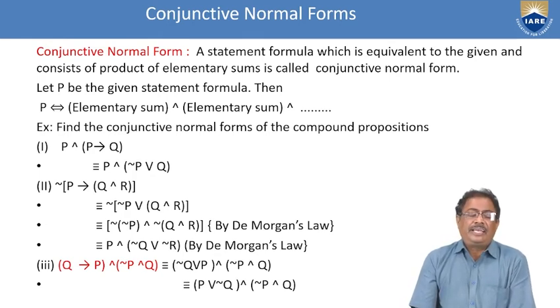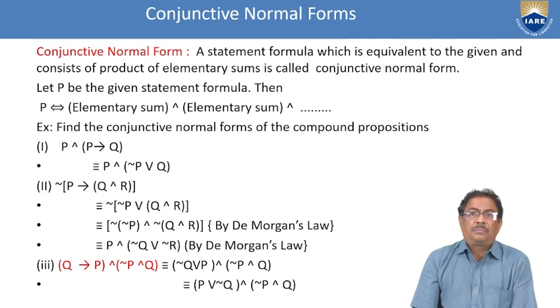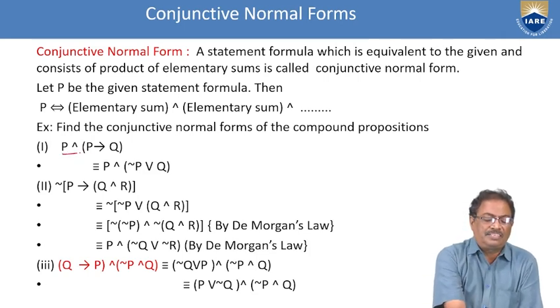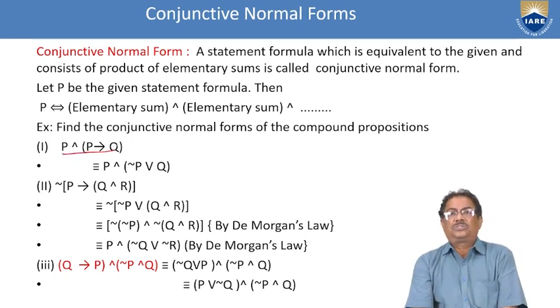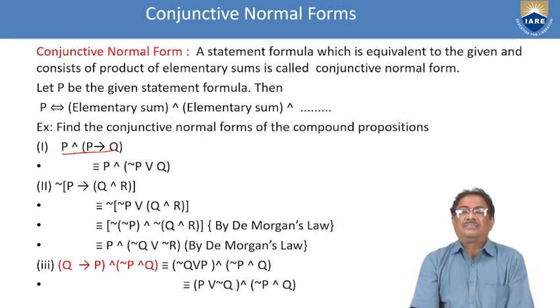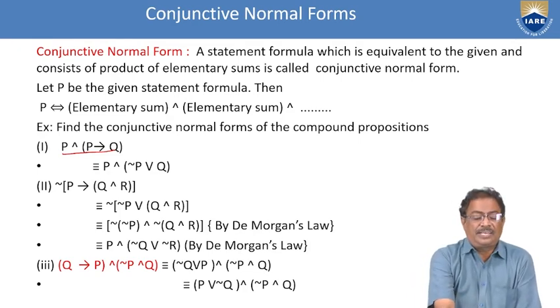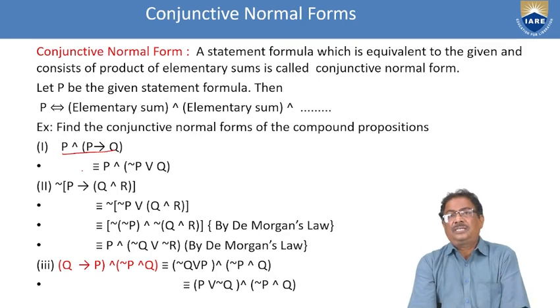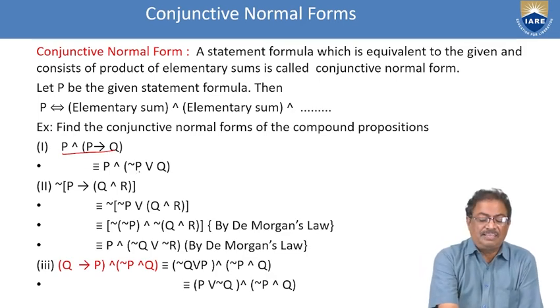So we are taking the same expression, and we are finding the conjunctive normal form. For that, once again remove this, the same procedure: negation P or Q. So this is one sum, or I can write it like this: P and (negation P or Q).